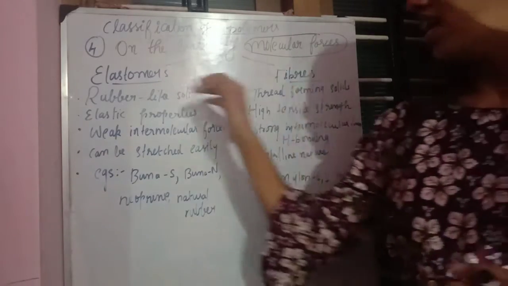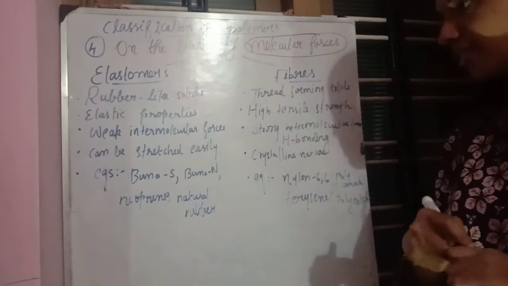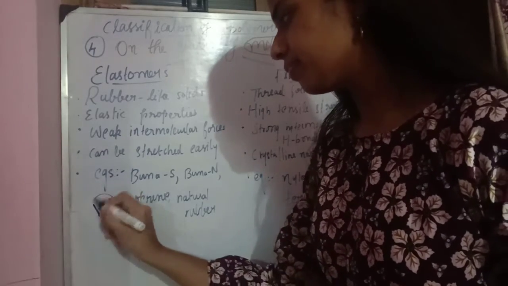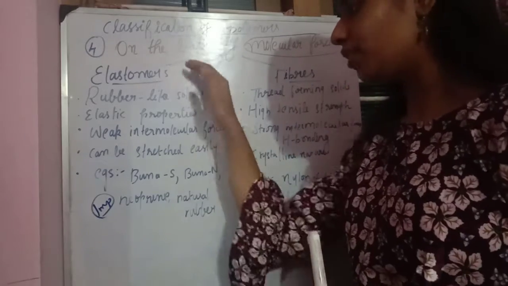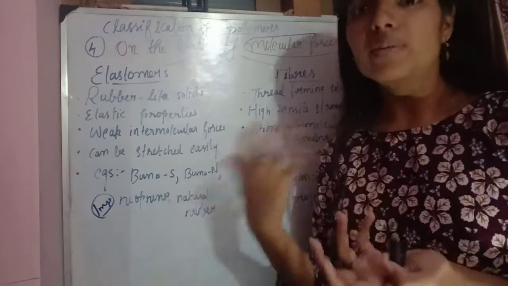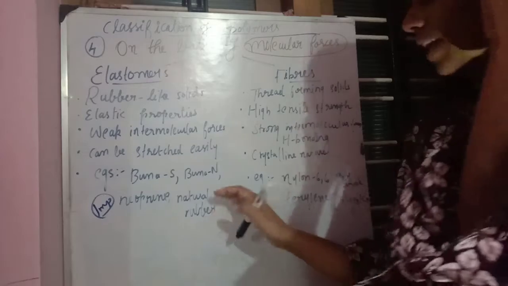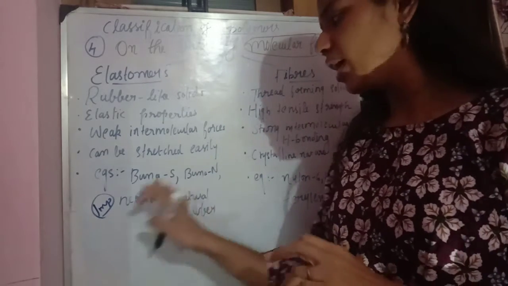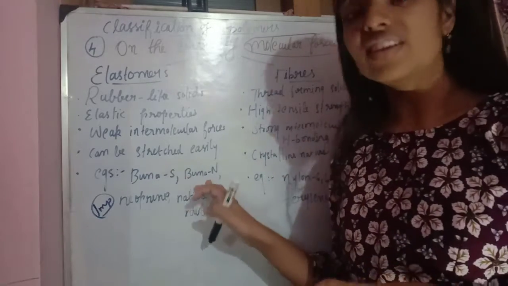Now let us look at the examples of these elastomers and fibers. Examples are very important. Elastomers are rubber-like solids, so you can give examples such as natural rubber, neoprene, Buna-S, and Buna-N. Buna-S and Buna-N are synthetic rubbers.